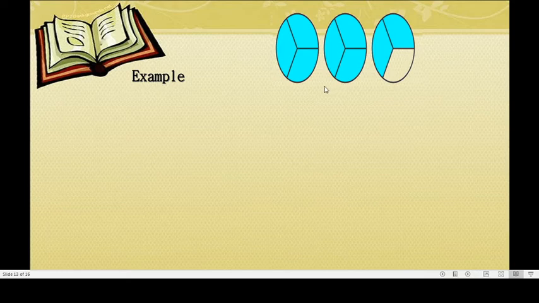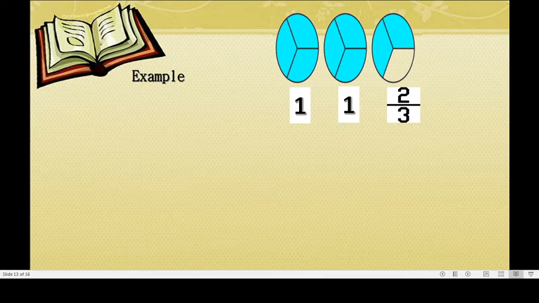So it makes one whole for the first circle and one whole for the second circle. And for the third circle, it shows 2/3, 2 shaded parts over 3.